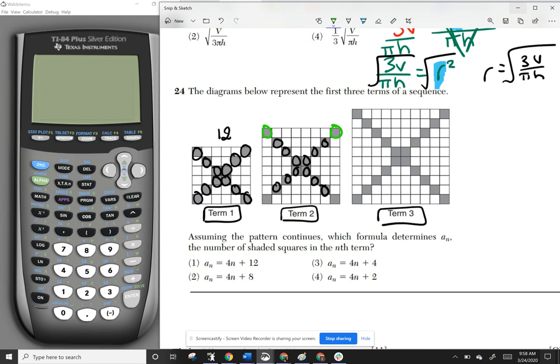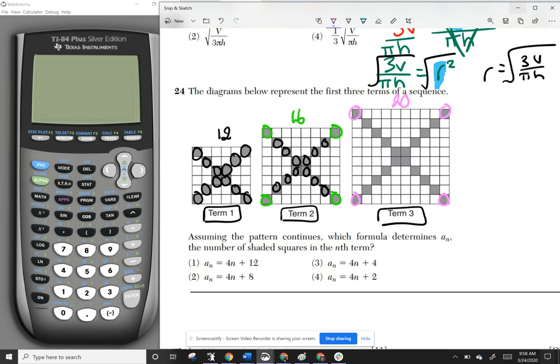So 12, 13, 14, 15, 16. So this one is 16. Meaning that term 3 is going to be 16, 17, 18, 19, 20. So it appears in each section, we're just adding 4 more. So we know our rate of change is going to be 4.